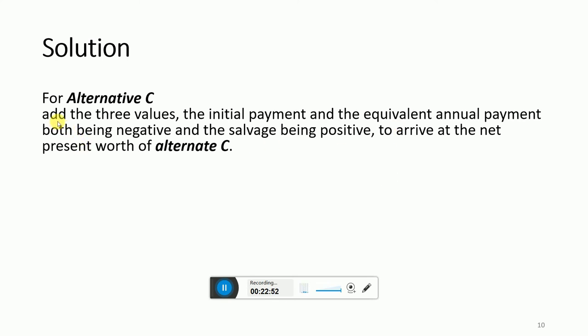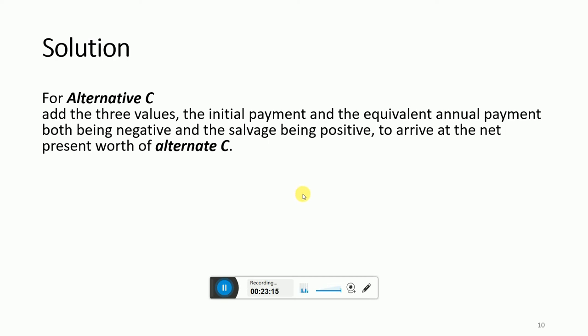So we have to add the three values: the initial payment, the equivalent annual payment, both being negative, and the salvage value being positive. Salvage value is positive because that is a cash inflow, so that's why it is positive. To arrive at the net present worth of the alternative C.